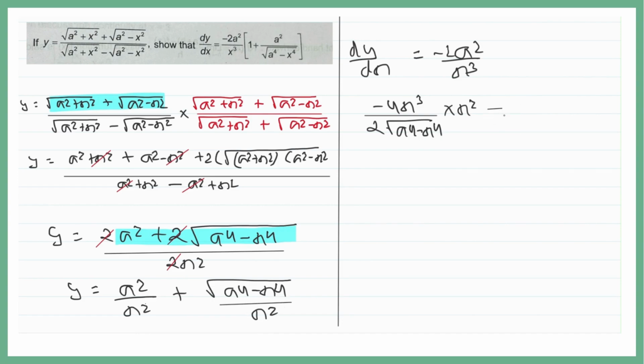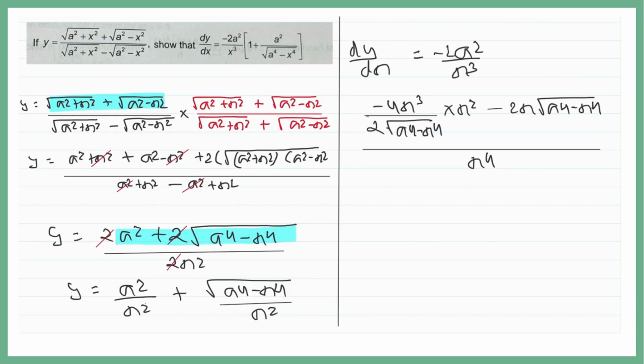Next is the derivative of the denominator, which is 2x, times the numerator a⁴ − x⁴ as it is, and this whole is divided by the square of the denominator, that is x⁴.